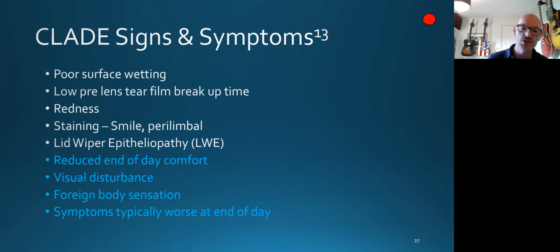So reduced end of day comfort, visual disturbance, foreign body sensation, and typically symptoms are worse at the end of the day. So that is a key trait of contact lens related dry eye. So at the moment, we've got our red dot here to tell us that we'll be focusing more on our history and symptoms than we will be on the signs.